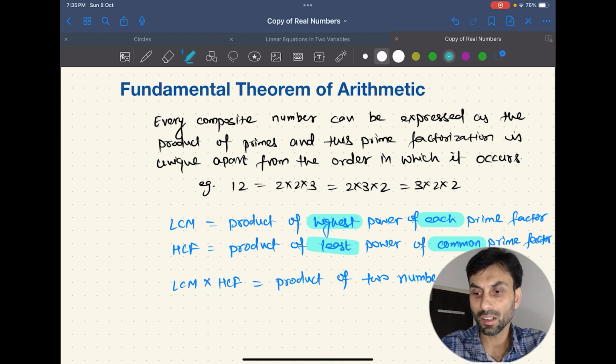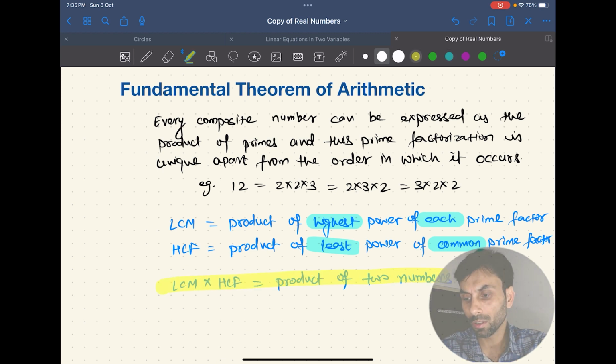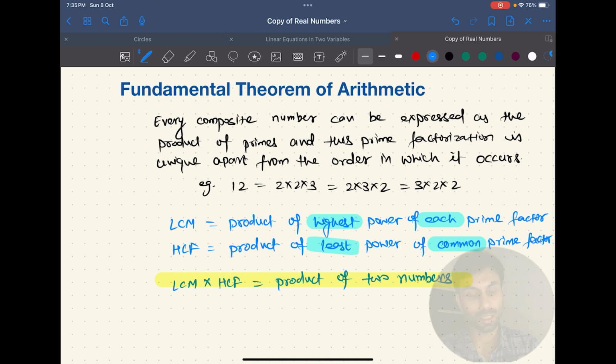Remember, this relation is valid only for two numbers. It is not applicable for more than two numbers. So these are some of the points which we need to study to discuss our first exercise. Now let's move towards solving the questions, where we'll see how we can solve them.